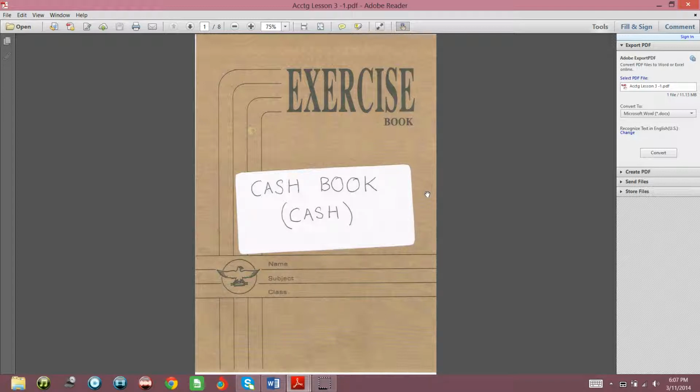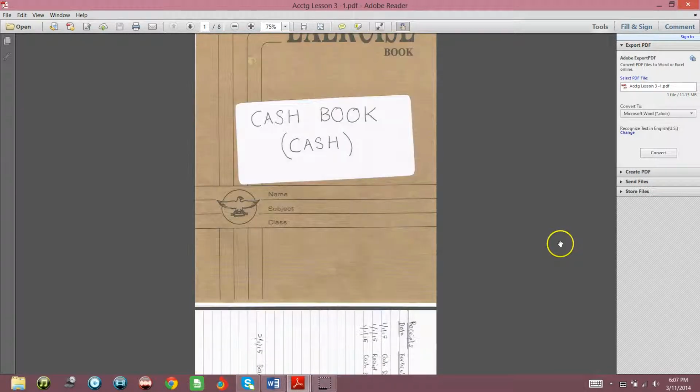So we just need to understand the basic, manual, traditional way of recording. If I have a business, I will have a cash book. That means I take an exercise book and label it cash book.